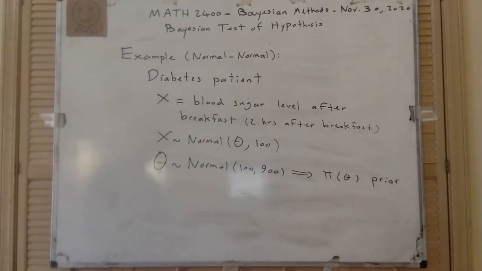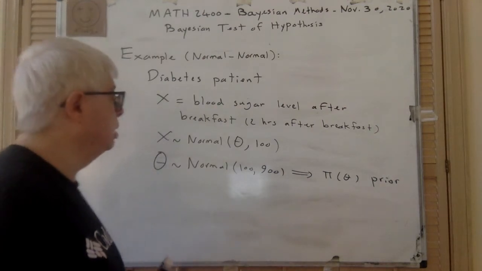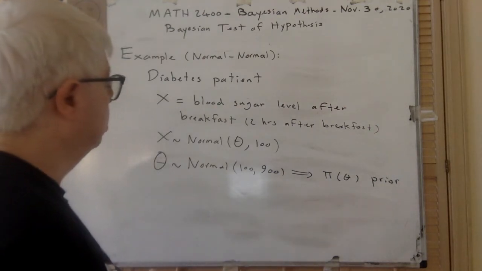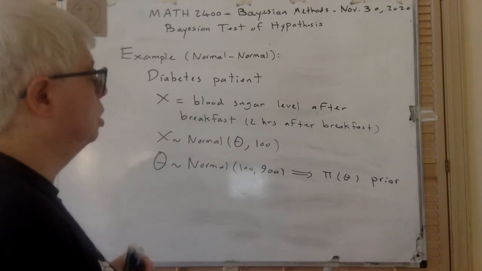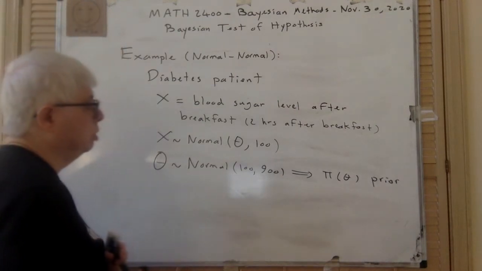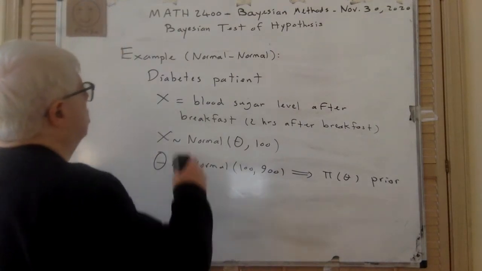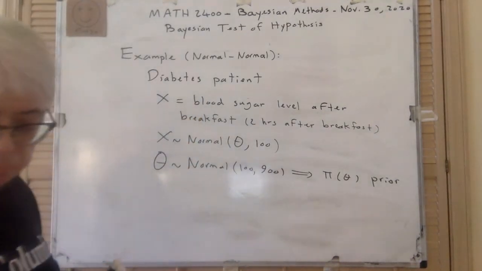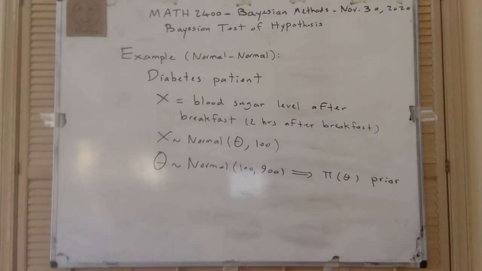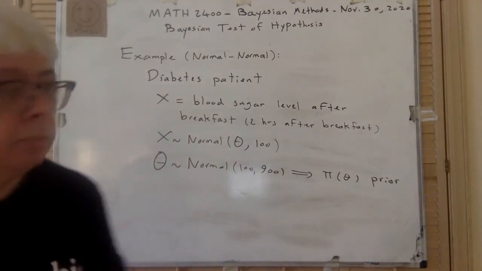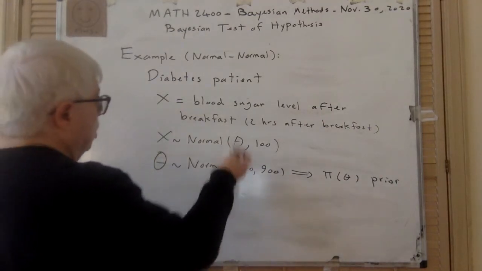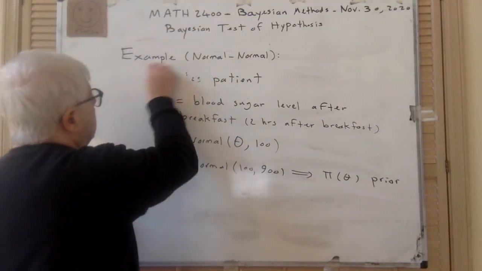Now we want to find both the marginal distribution for x and the posterior distribution for theta. So let's find them. I mean, we already did it in the other examples.